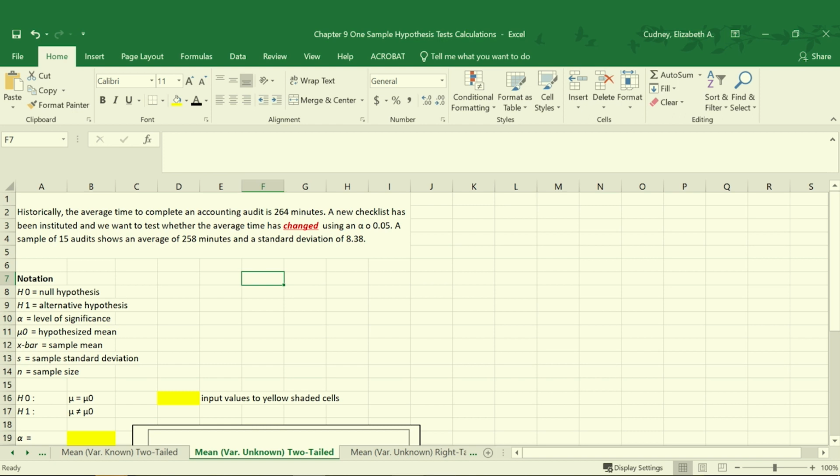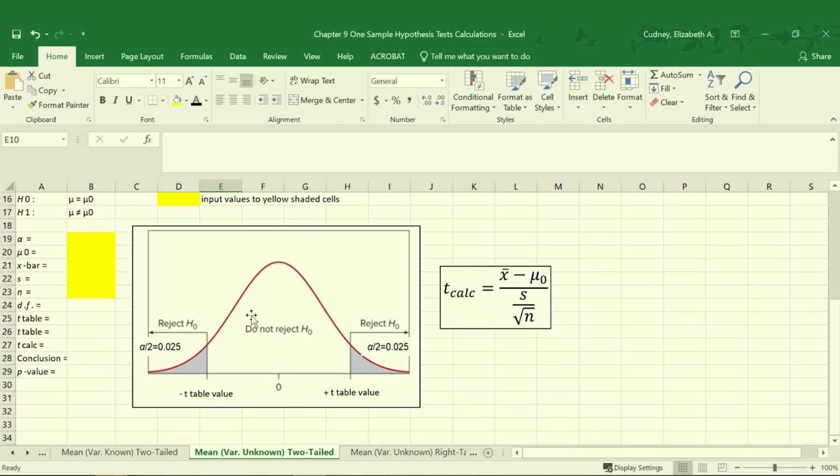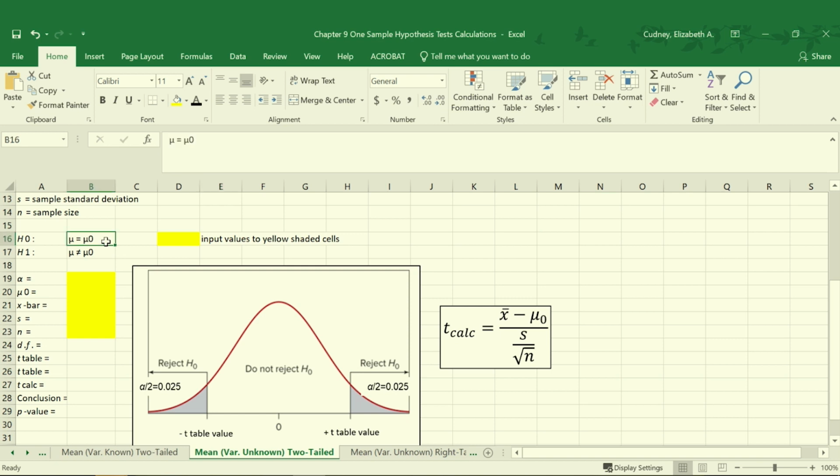Given that we're testing the mean and it's a two-tailed test, we're going to set up our null hypothesis that the mean is equal to mu naught. And our alternative hypothesis is that the mean is not equal to mu naught. Our alpha value is 0.05. Our mu naught, we know, is 264 because that's what we're testing.